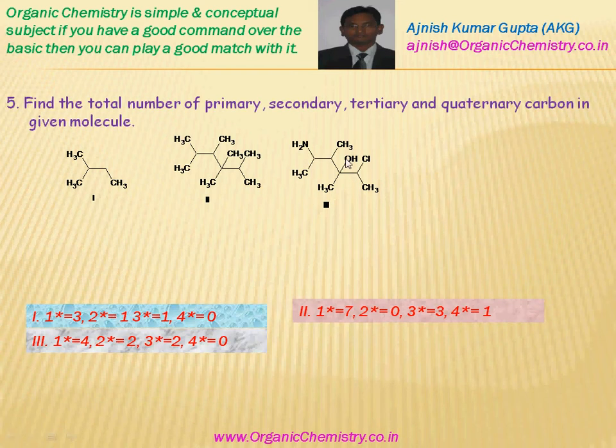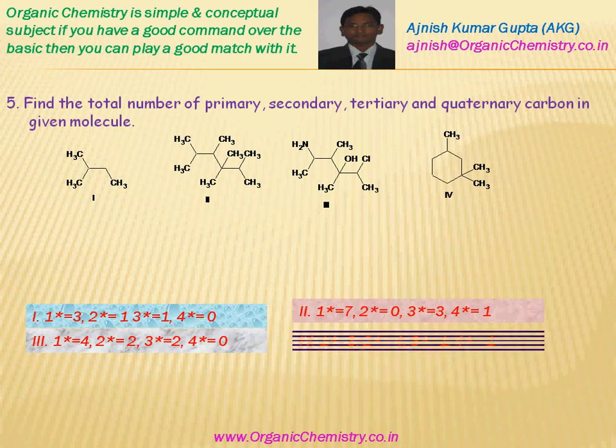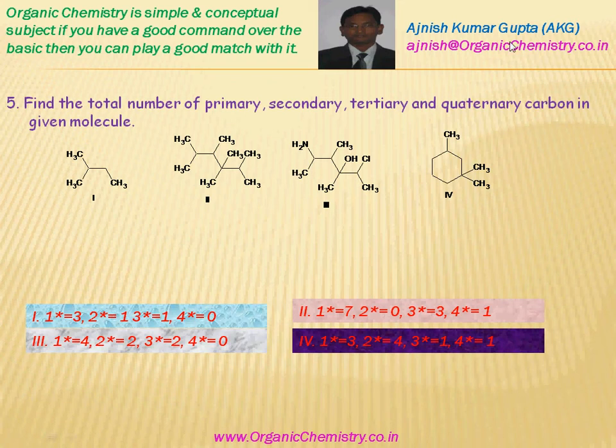Another part, 4th valency is attached with OH. This carbon is secondary in nature because this carbon is attached to 2 carbon. One is chlorine. This molecule has these primary carbon, these are secondary carbon, and this is tertiary, and this one is the quaternary carbon.